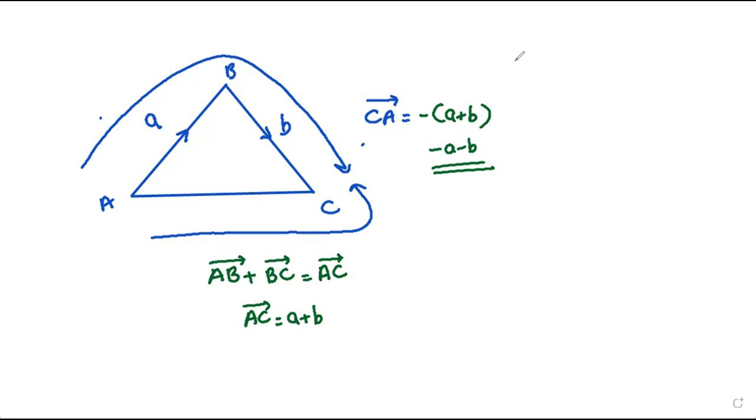Now see, suppose you will find these questions. They will give some point. We have this triangle ABC.